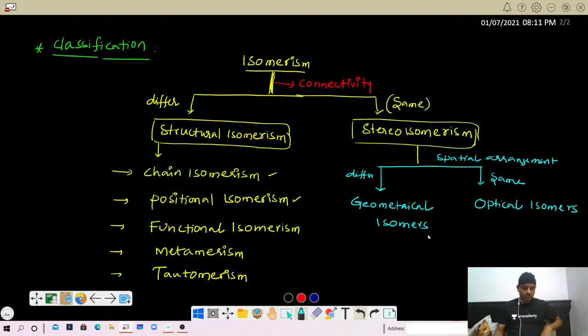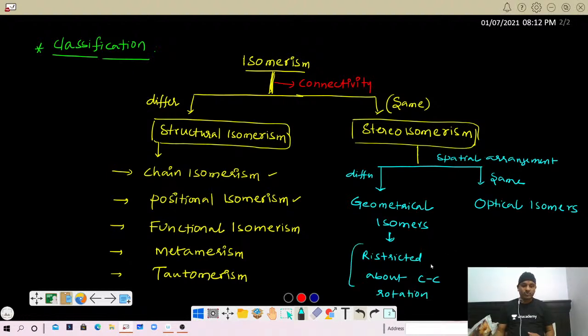Geometrical isomers arise due to restricted rotation. Geometrical isomers arise due to restricted what? Carbon-carbon rotation. This point you have to notice.